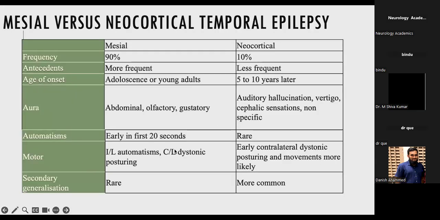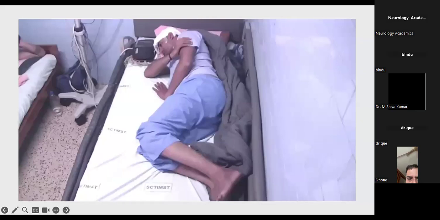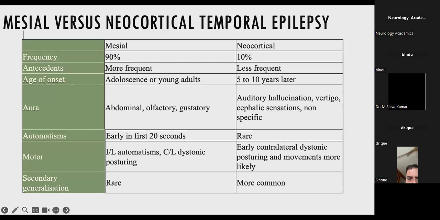Next, we have to differentiate the mesial and neocortical temporal epilepsy, because they differ in both semiology and electrographically.